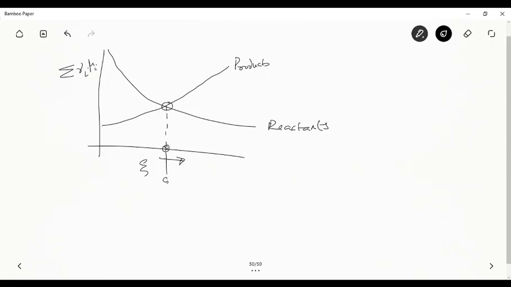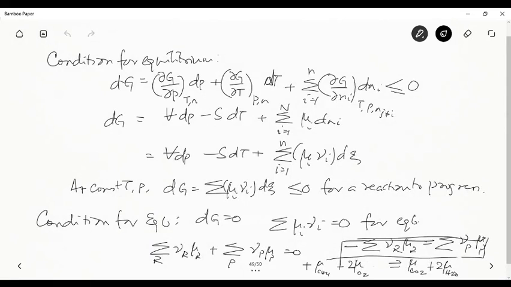So when xi goes on increasing from 0, where it's completely reactants, and reaches this value, until this value the reactants' chemical potential was higher, and as you go this side, the product chemical potential is higher. The difference between these two is your expression for summation of mu i that you actually talked about, right?